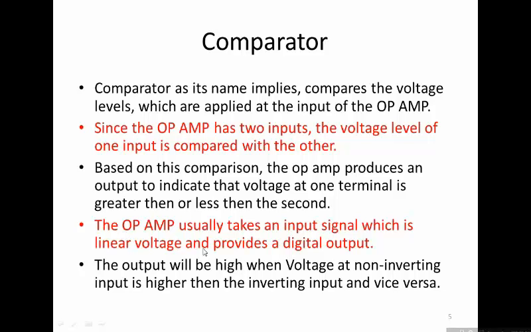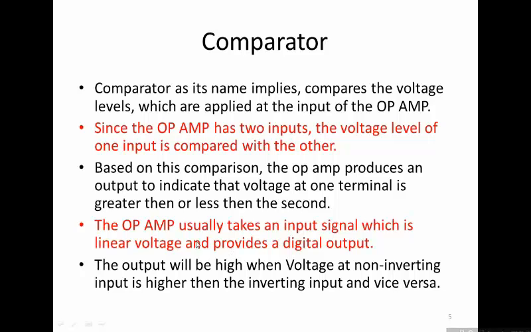So the op-amp usually takes an input signal which is a linear voltage. The input may be a DC constant or change linearly, and it produces a digital output that would be either at high level or at low level, that is at plus VCC or minus VCC, because I told you that the output can only have two possible levels, plus VCC or minus VCC, because the op-amp is always in saturation mode.